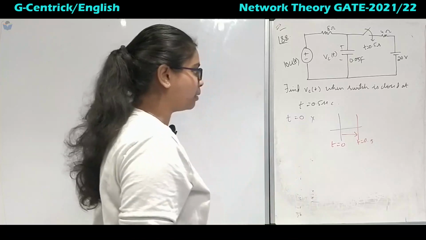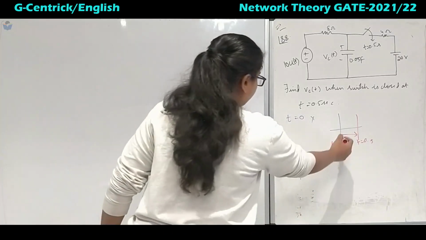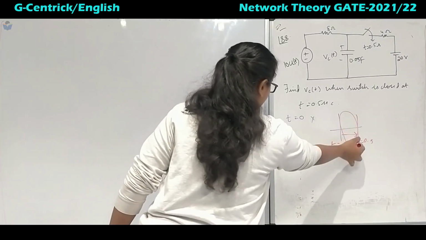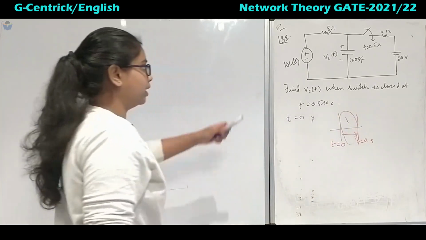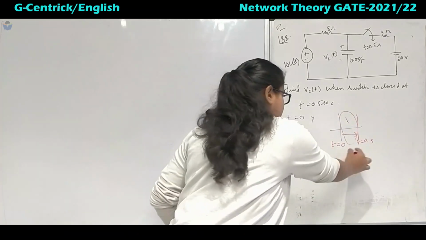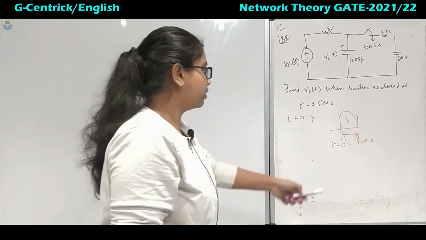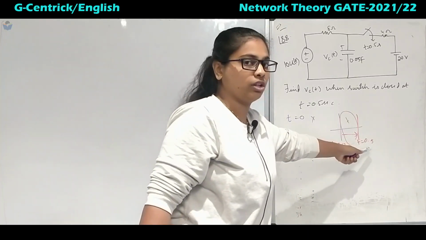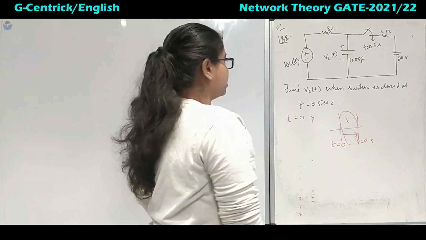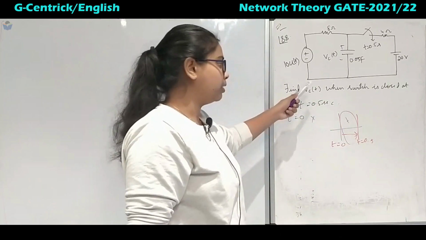In between that period we have to find how much charge was present in the capacitor up to this time. Then we'll get one generalized equation. After that we can analyze at t equal to 0.5 how much charge or how much voltage will be present.